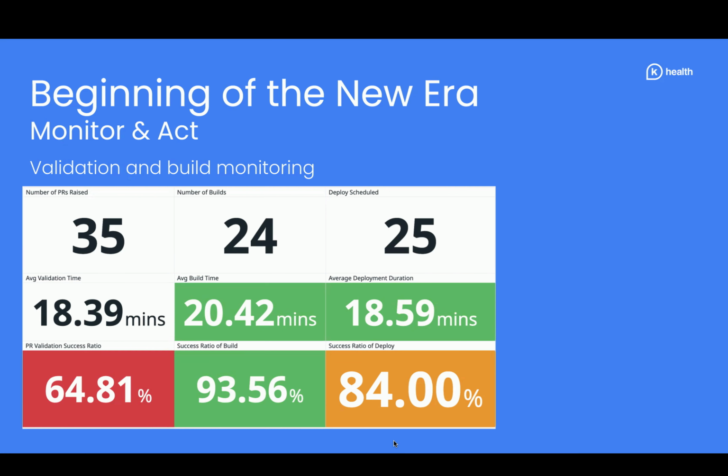So we are getting these monitors, and we can see logs out of our CI process. We can see how many merge requests are being created, what the time to validate a merge request is, how much time the build process takes, and the success and fail ratio.